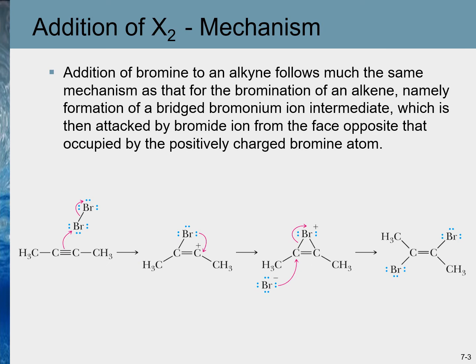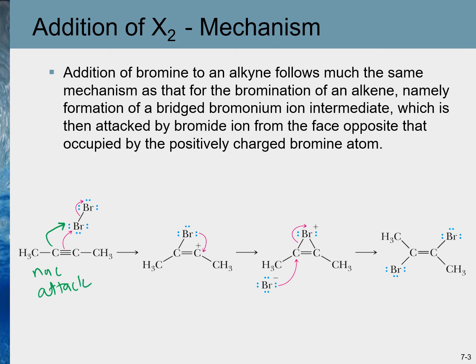Addition of bromine to an alkyne follows the same type of mechanism as it does for addition to alkenes. In the first step, the pi electrons of the triple bond attack the bromine. So this will be a nucleophilic attack.